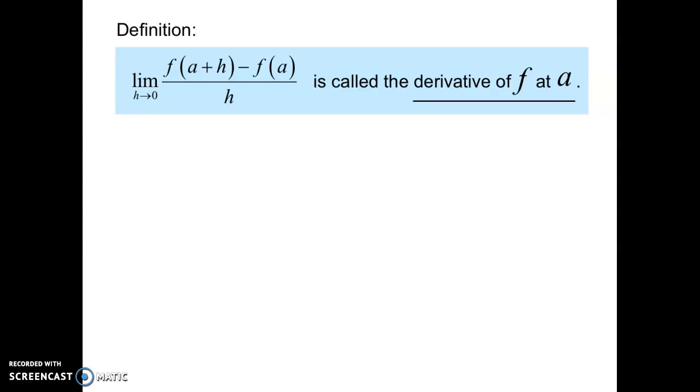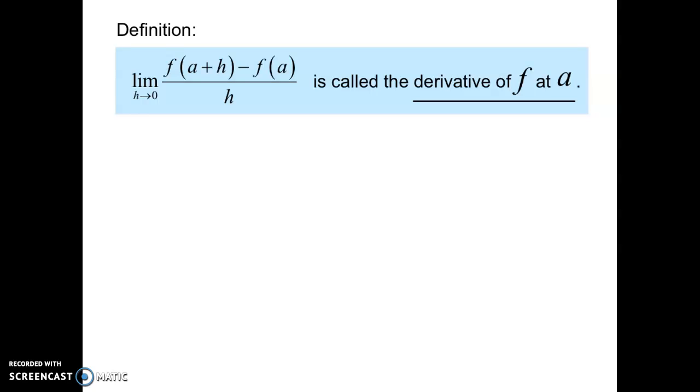Now, we can't take the slope of a curve, or even use the slope formula, if the denominator is equal to 0. So we always have to have a small difference in the 2 points. The 2 points have to be really close to each other, but they can't be on top of each other. Otherwise, we would have an undefined limit here because we would have a 0 in the denominator.